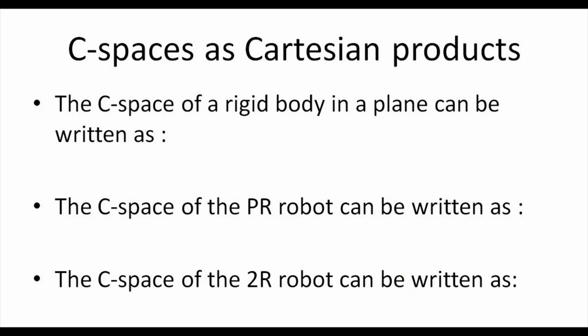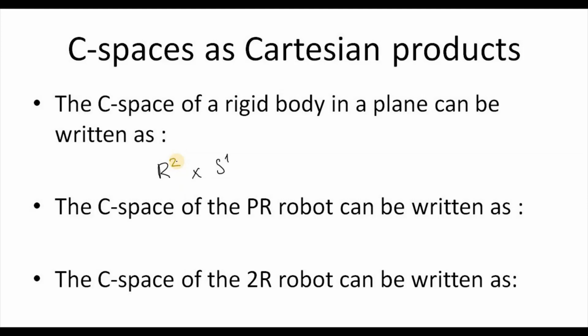See spaces as Cartesian product. The C space of a rigid body in a plane can be written as R power 2 cross S1, since the configuration can be represented as a concatenation of the coordinates xy representing R square and the angle theta representing S power 1.